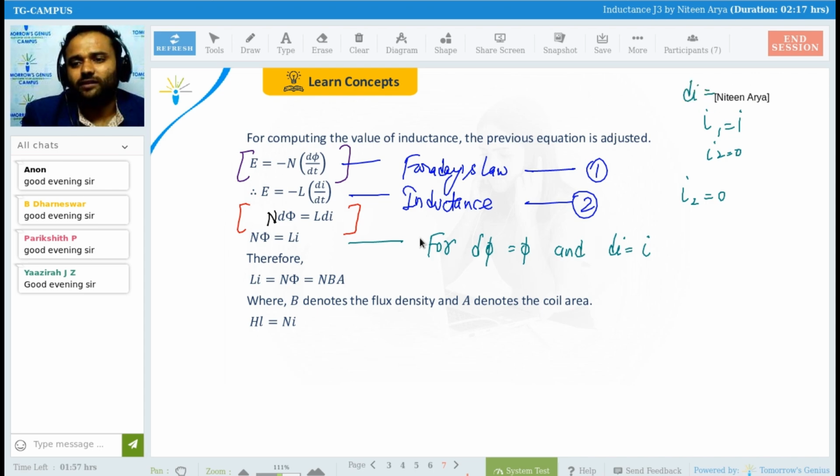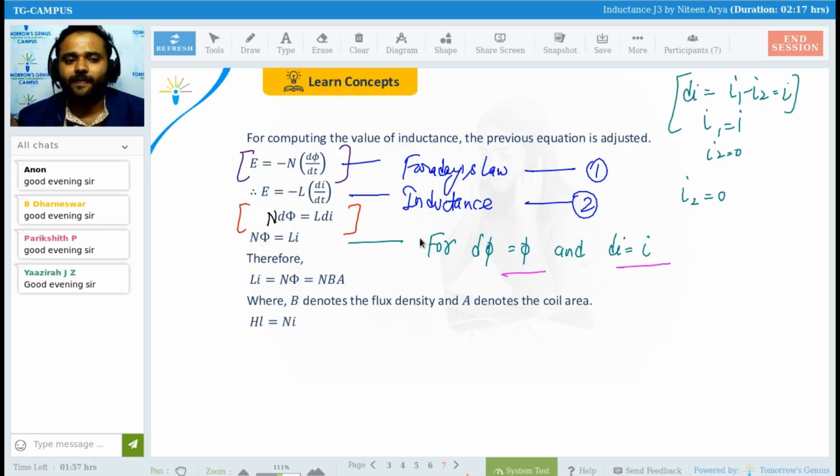So di, the change I1 minus I2, is I1. Basically, initially the flux is 0 and the current is 0, so we can take dφ equals φ and di equals I. Simply, Nφ equals LI.